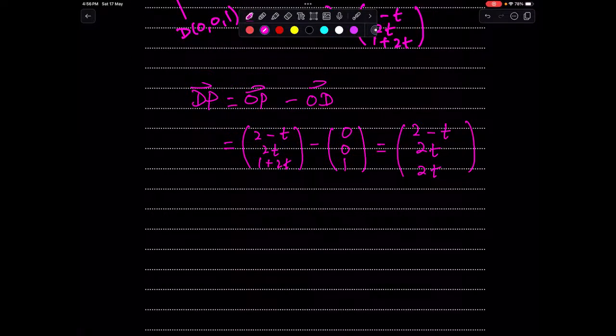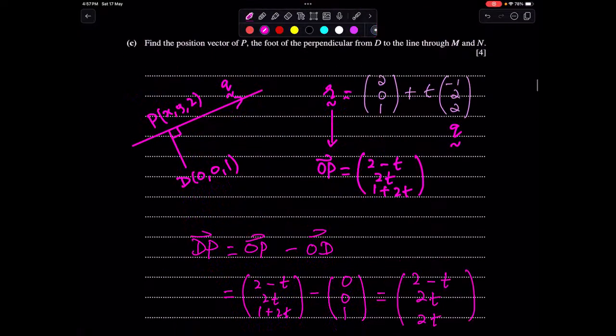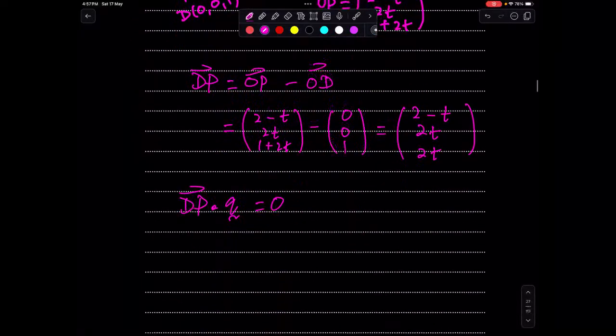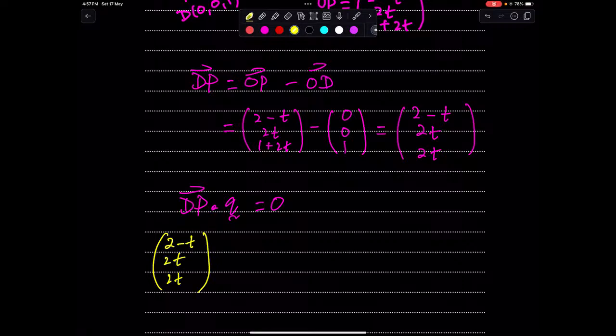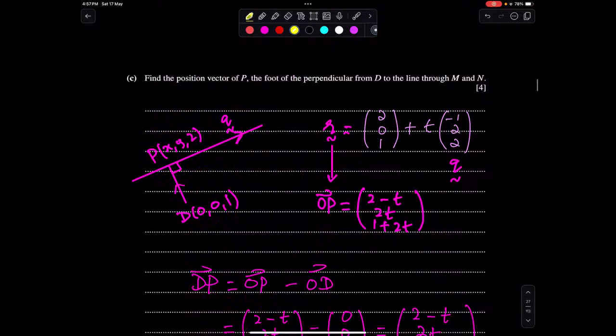Now the third step is take the dot product of DP with Q, because we need t. This is DP and this is Q, and both are perpendicular, so their dot product must be 0. So 2 minus t, 2t, 2t, and this is Q: 1, minus 1, 2, 2.